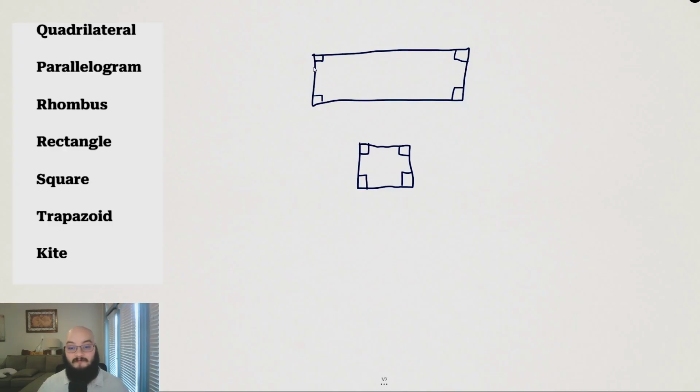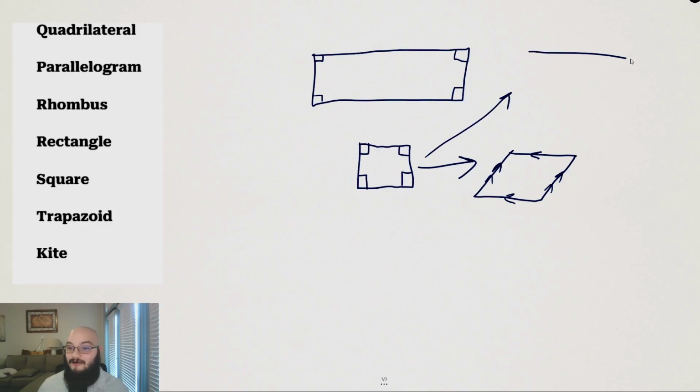This also means a couple of things. All squares are also rhombuses because they follow the rules of a rhombus, where you have two sets of opposite parallel sides and all four sides are equal. This also means all squares are also parallelograms because it follows the basic rules of a parallelogram, which is that it needs two sets of opposite parallel sides.